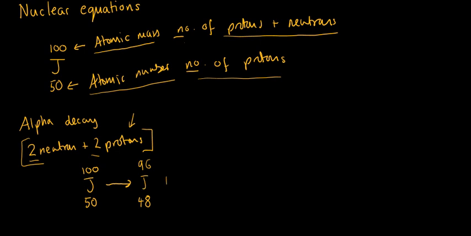Then what we do is we write down, in addition to this, what we have lost. We lost a total of 2 protons and 2 neutrons, so that is 4, and we lost 2 protons, 2, and we call that an alpha particle, or sometimes it is called helium, as that is the atomic mass and atomic number of helium.